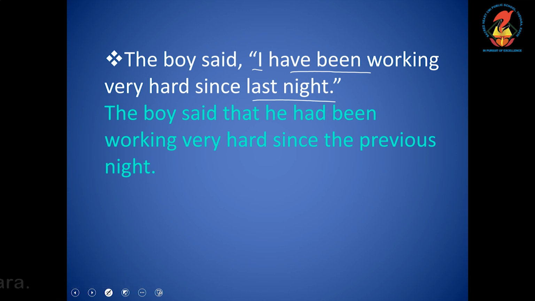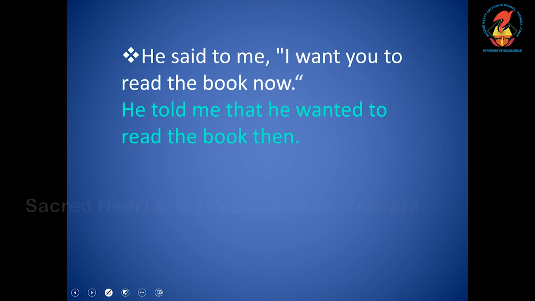The boy said that I has been changed because it is male gender. So, the male pronoun is the one which we have to use. So, he, have been should be changed to had been working very hard, since last night has to be changed to the previous night.